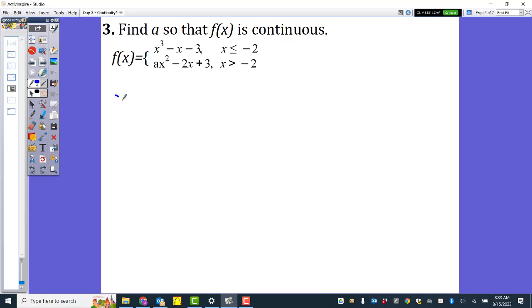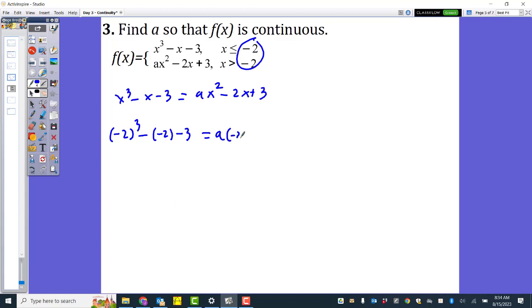So we want to say x cubed minus x minus 3 equals ax squared minus 2x plus 3, and we want to plug in -2. Now here's where we get a lot of issues. We're looking for a, so -2 is being plugged into x. So it's -2 cubed minus -2 minus 3 equals a times -2 squared minus 2 times -2 plus 3.